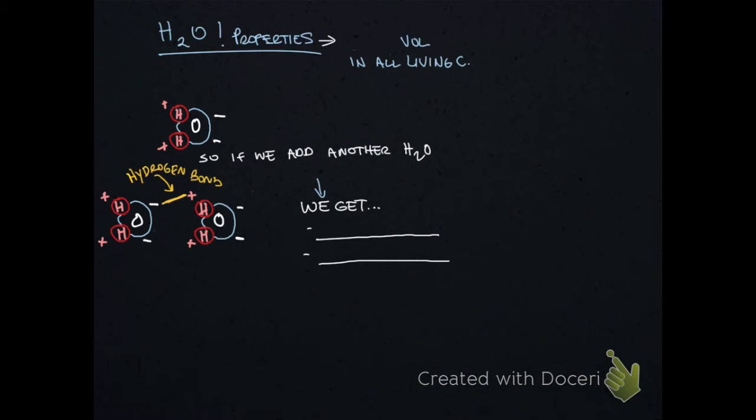This attractive force leads to surface tension, sort of what allows bugs to walk on the surface of water. It allows for something called capillary action. So, for example, whenever you have a paper towel next to a puddle, you move it closer, and some of that water will be pulled up the actual towel.